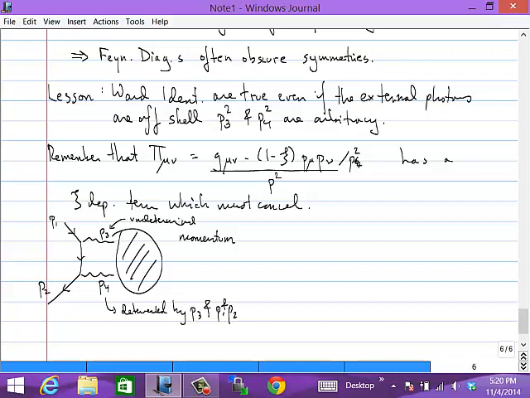Now, that means that when we integrate over P3, we have to consider the case where P3 doesn't square to 0. And we'll need to include a propagator associated with P3.